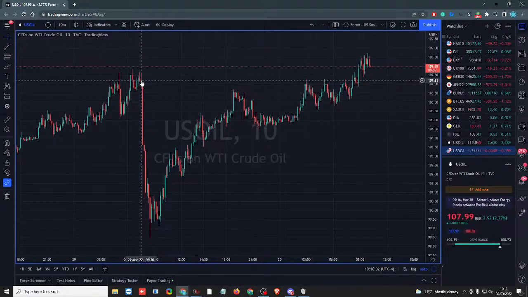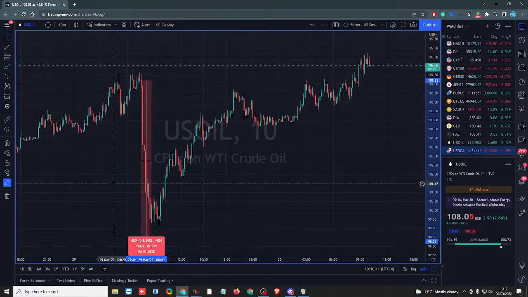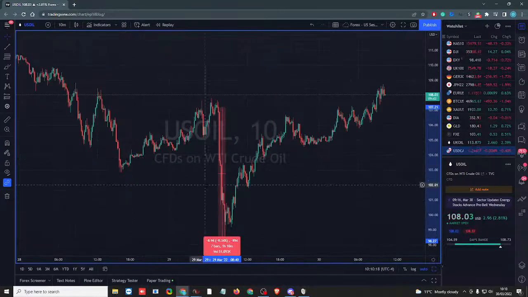And over that positive development, if we look overall, we had seen about an 8% decline on WTI crude oil off the back of that news.